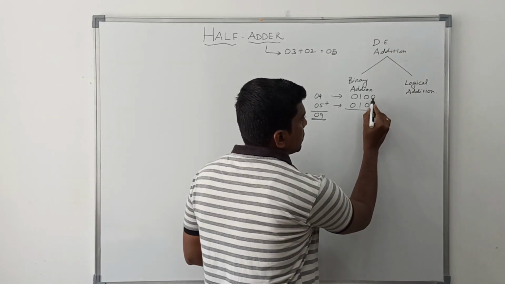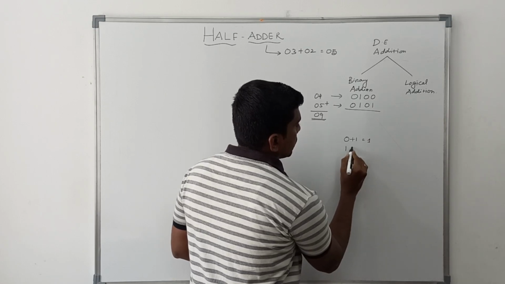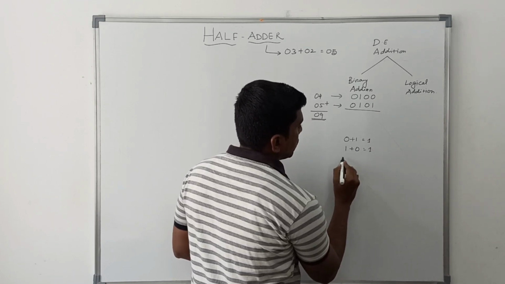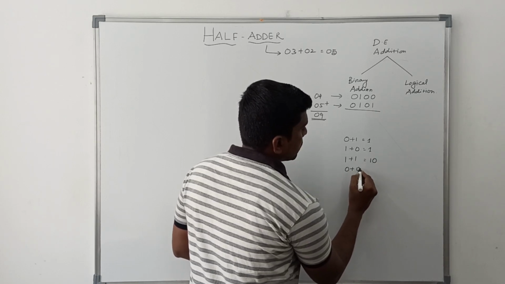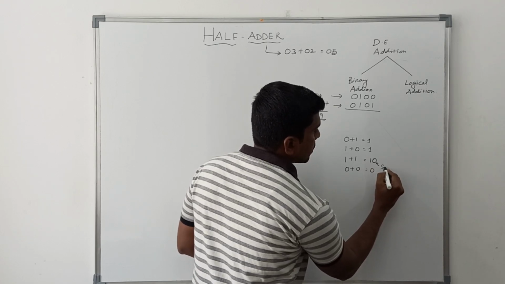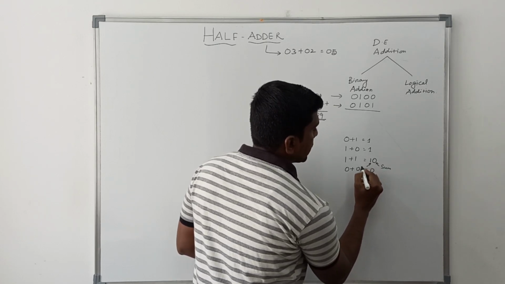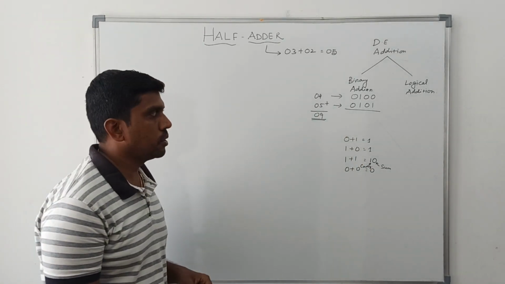So in binary addition, 0 plus 1 is 1, 1 plus 0 is 1, 1 plus 1 is 1 0, 0 plus 0 is 0. In 1 0, the LSB will be considered as sum, the MSB will be considered as carry. So it's the binary addition rule.